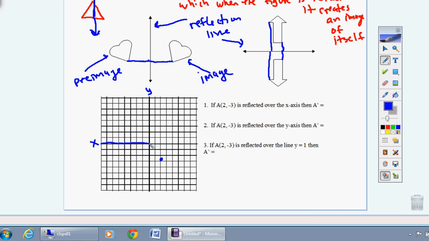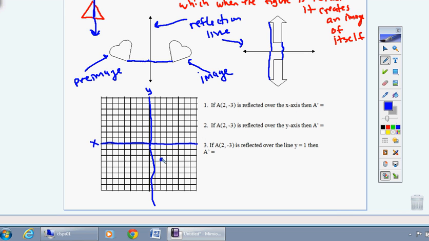Let's try to draw these lines a little bit better. So there's our x-axis, and here's our y-axis. Alright, so there's my point, 2, negative 3, and it says if it's reflected over the x-axis, it wants to know where the point would end up.